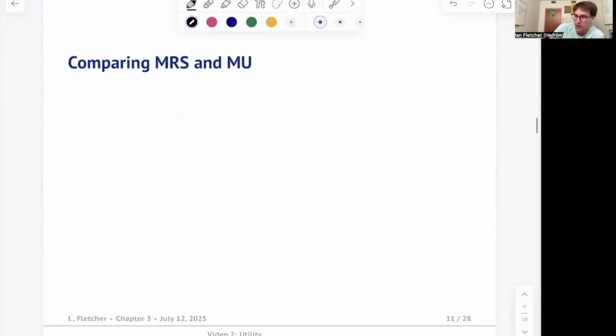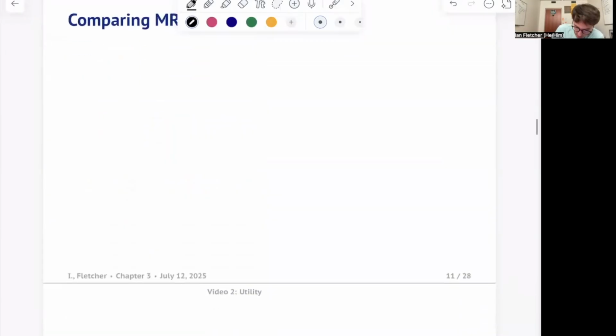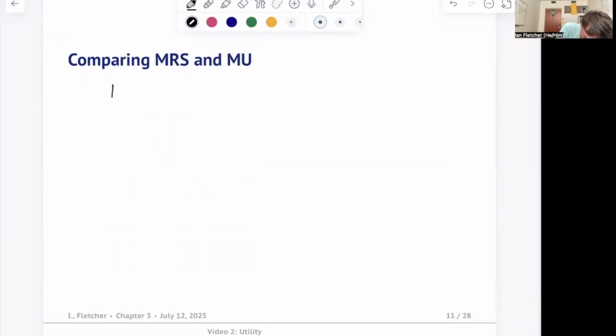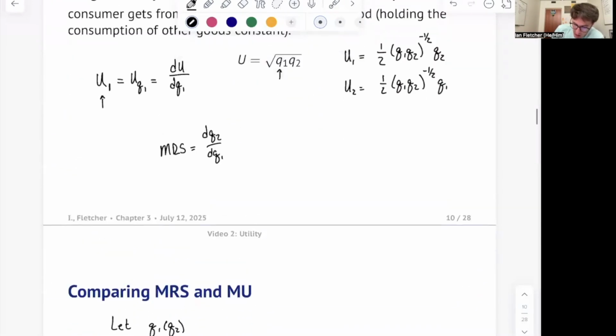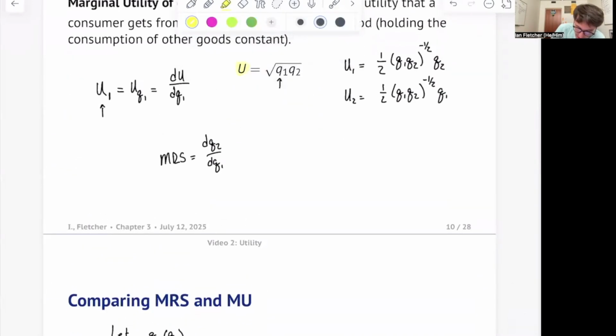So now, if we wanted to think about this a little bit further, let's let this implicit function exist, right? And we remember what implicit functions are from the last chapter. Essentially, what this means is that if we come back up here, we want this utility to be constant for the marginal rate of substitution.